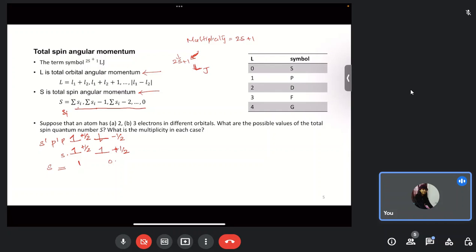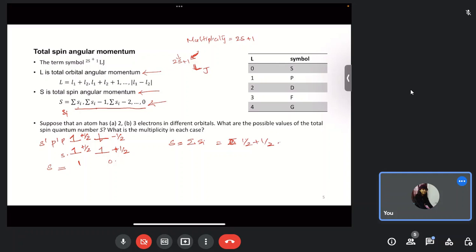If you apply the equation given here, what you have to do is summate Si. You have two electrons, so it is 1/2 plus 1/2, just adding the two spins.